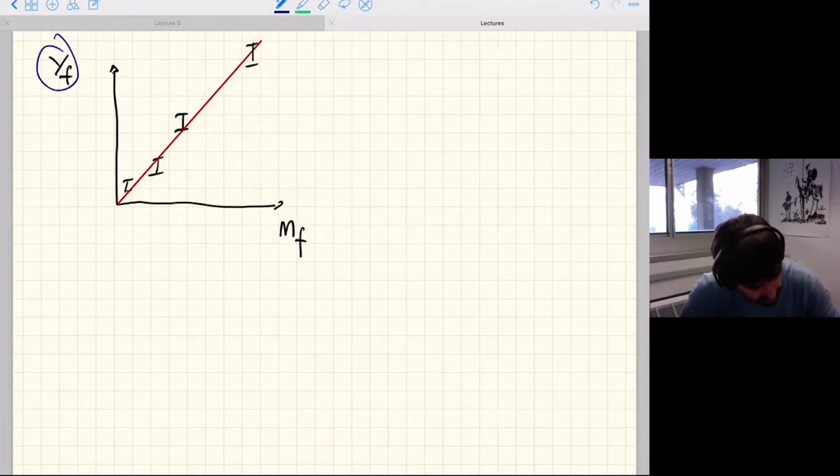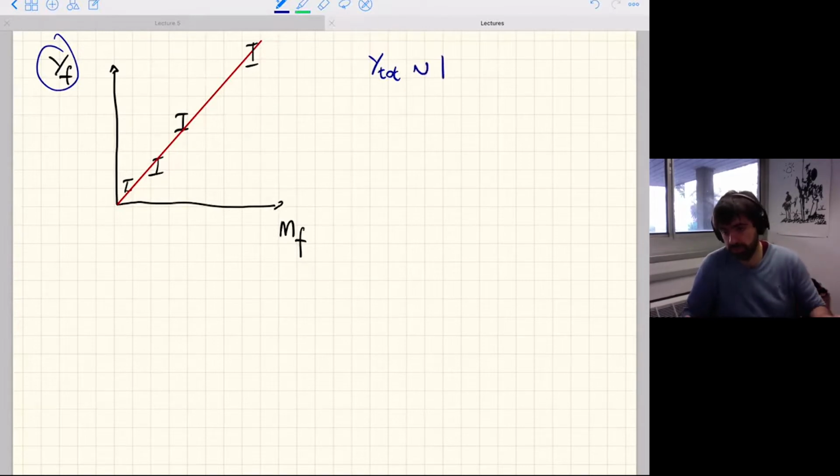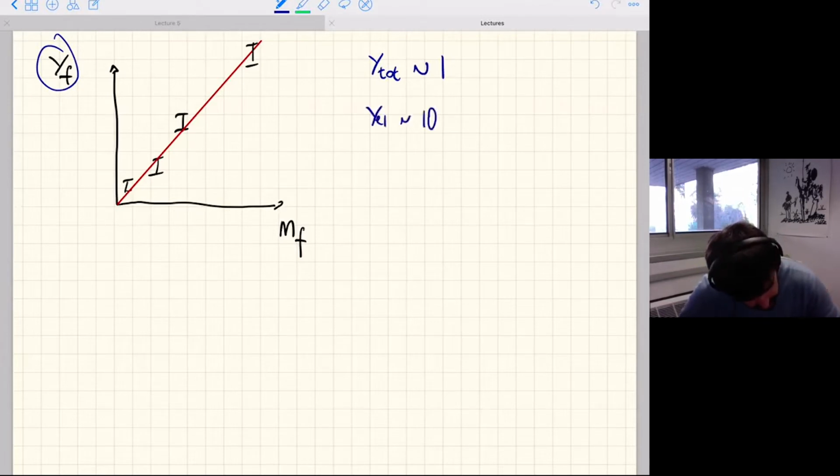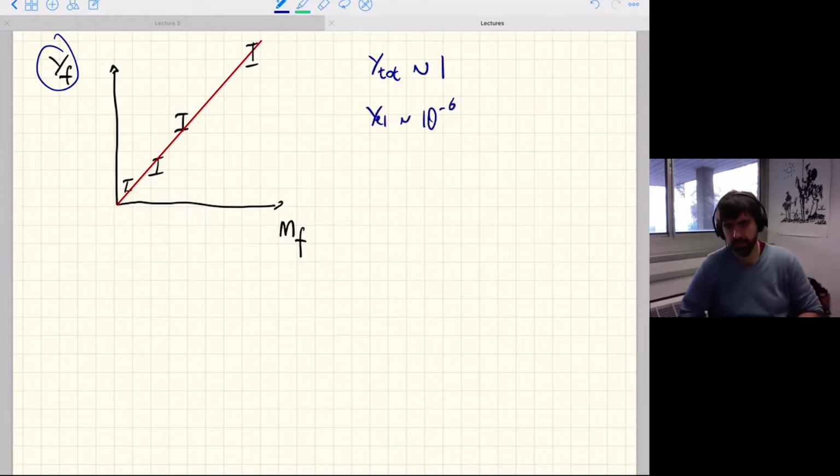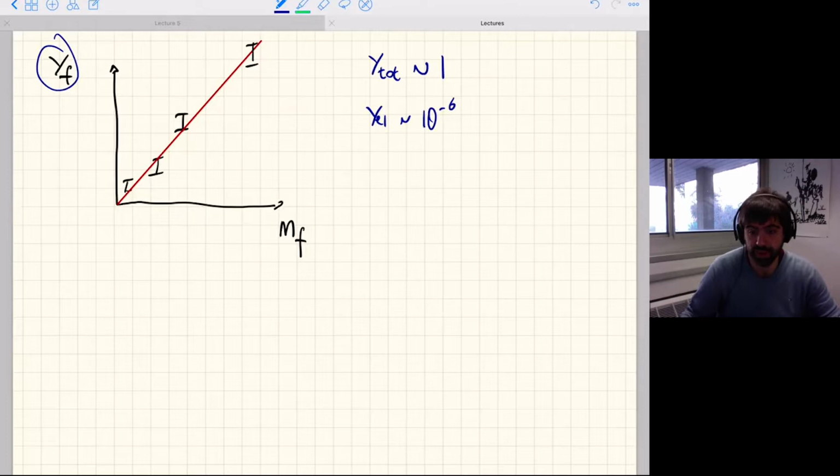If we take the Yukawa coupling of the Higgs to the top, which you can measure, for instance, from the inclusive cross-section of associated production of the Higgs with t t-bar, this is of order 1, because the top mass is large. And if you take the electron instead, that's of order 10 to the minus 6. So there's a huge hierarchy in the Yukawa couplings.